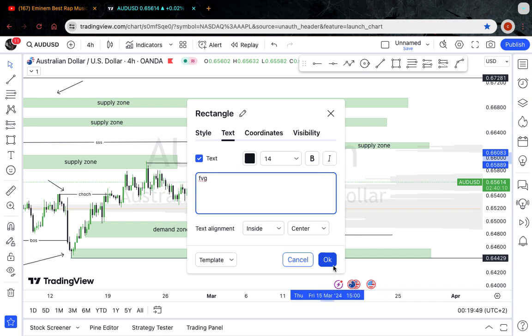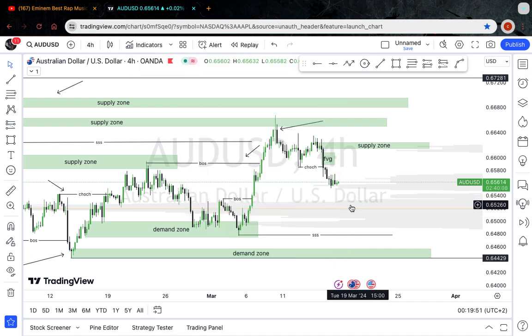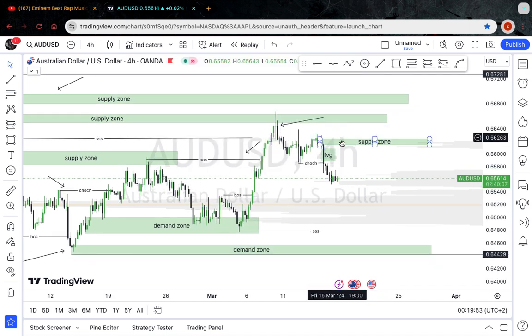So what are we expecting right now? On the upside, we have a fresh, untested supply zone, which is this one, and then we also have an FVG here. And then the change of character indicates that the market is now ready to continue pushing to the downside.